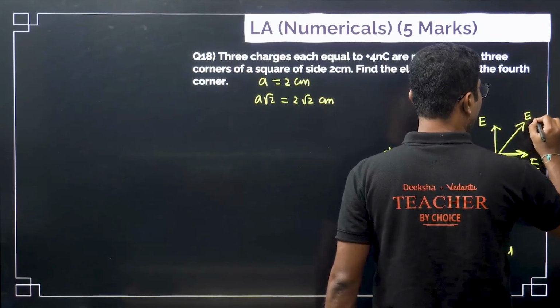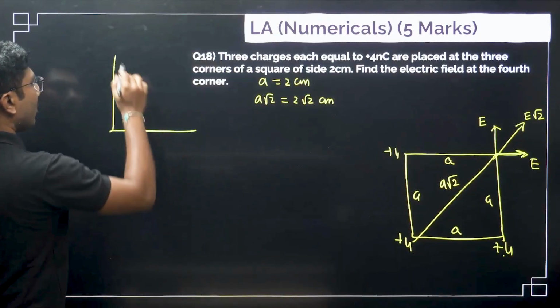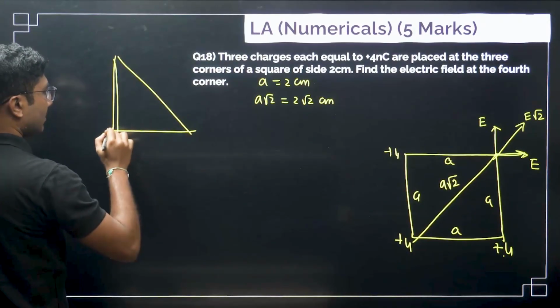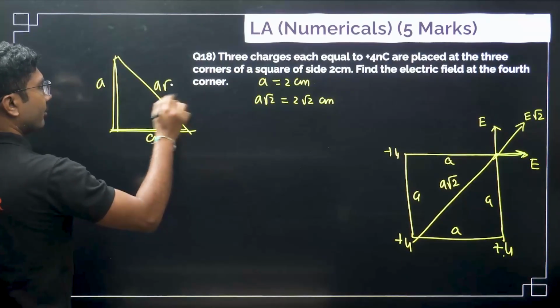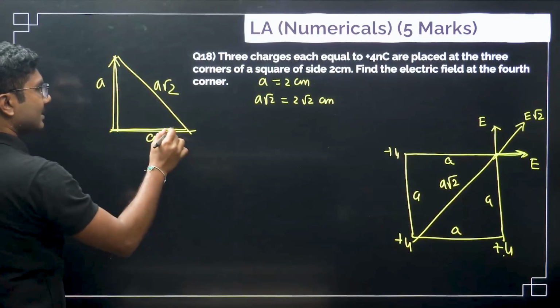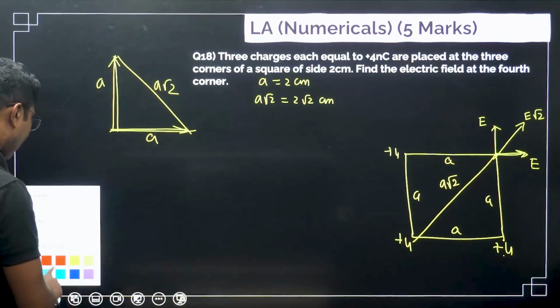Okay, if the sides of our right angle triangle both are A, then this becomes A root 2. So basically, if this is a vector, this is a vector, their addition will be A root 2. That is the basic triangle law of addition.